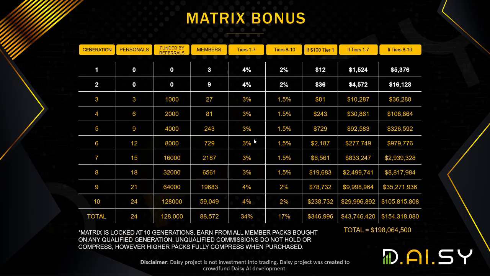I'm not giving financial advice. I'm not a financial advisor, but a lot of strong network marketers want to be as qualified as possible to gain the most from as many generations as possible in the matrix system. And if you think about it, in order to be qualified for the higher generations, you have to bring in at least 3 people yourself, or 6 people, or 9 people, or 24 people yourself.